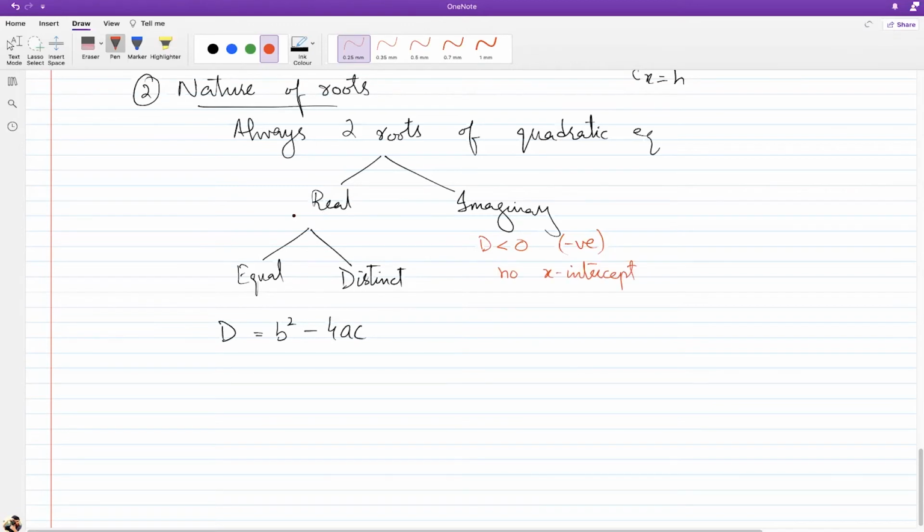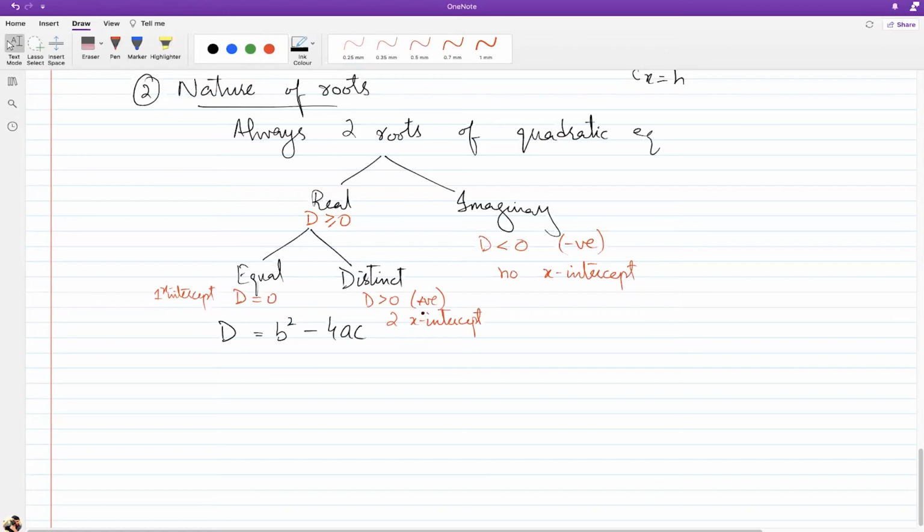No x-intercept. और अगर determinant 0 या उससे ज़्यादा है तो real होंगी वो. अब उसमें भी दो options हैं. Equal का मतलब है that the determinant is equal to 0, which means one x-intercept. And distinct का मतलब है that this is positive, greater than 0, which means two x-intercepts.